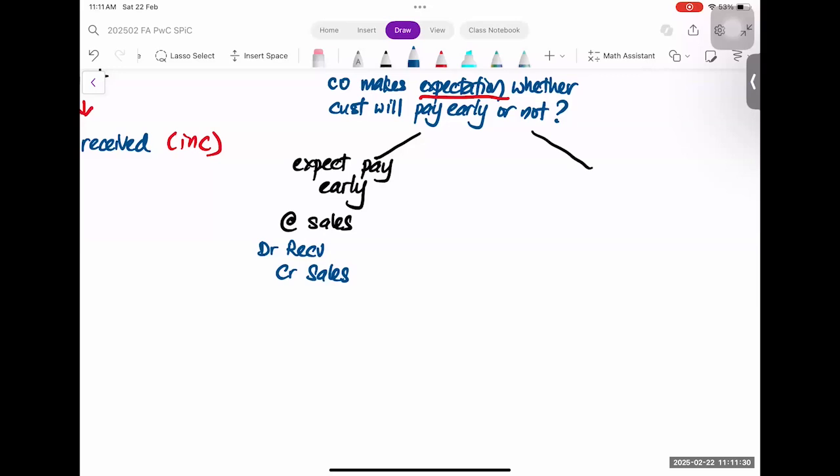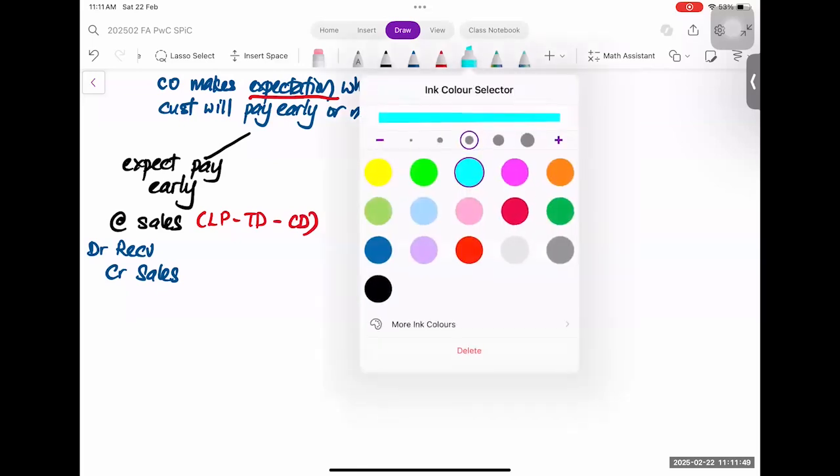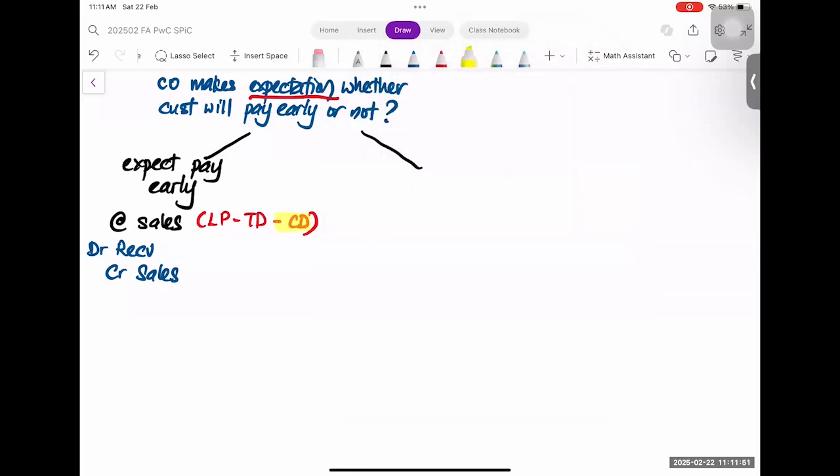But the only difference is we are going to record this transaction by taking list price minus any trade discount, and I will straight away minus my cash discount immediately when I record the transaction.